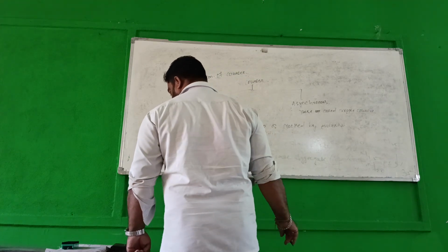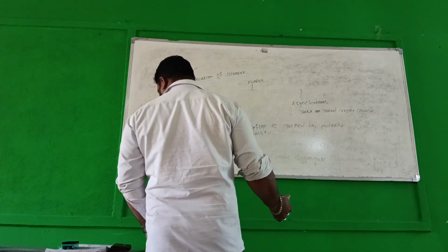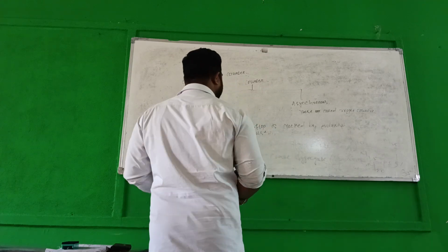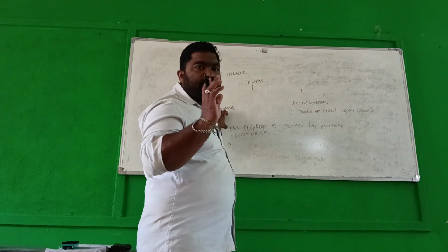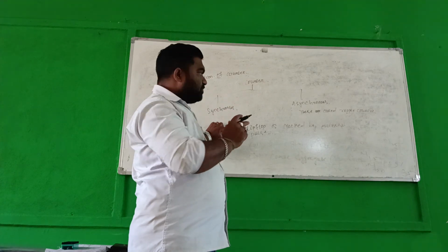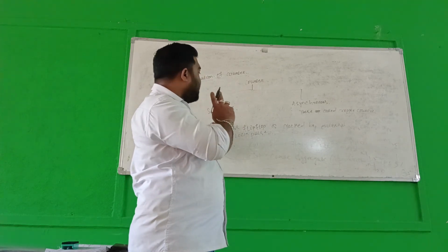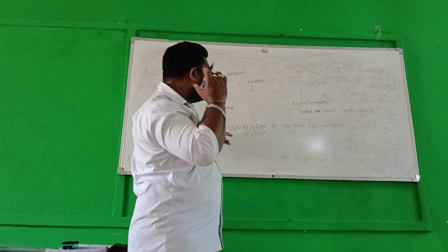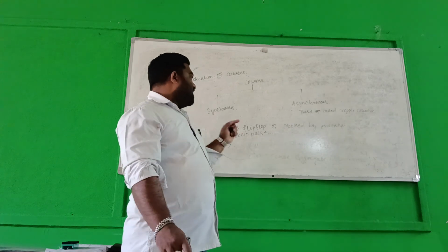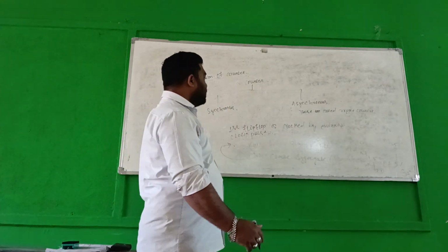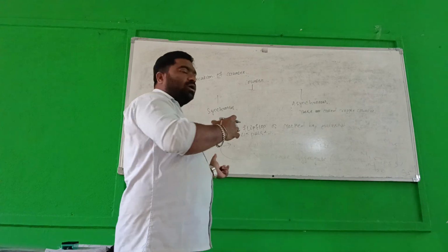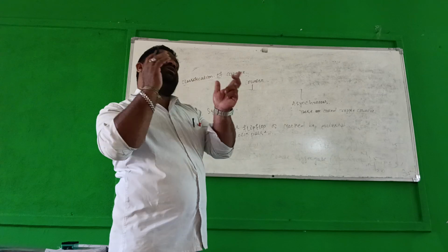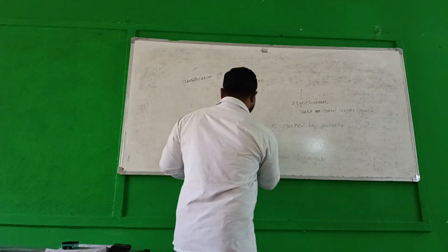Then each successive flip-flop is clocked by the Q and Q bar output. Means whatever the first flip-flop, it will be clocked by the external clock pulse. Means we have to add another clock pulse for the first flip-flop. Then the other flip-flops are to be clocked by the output Q and Q bar.